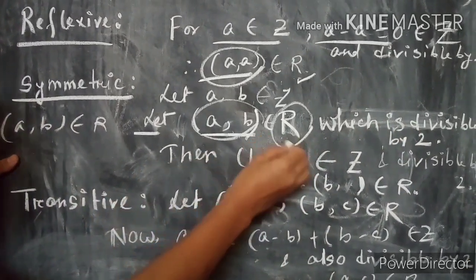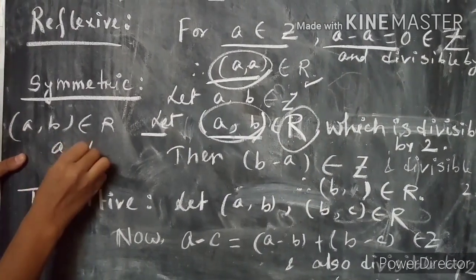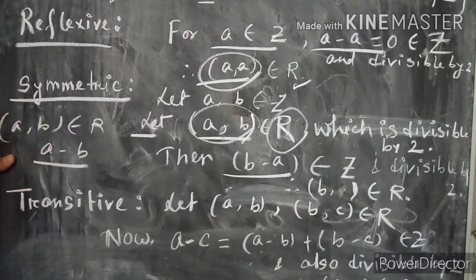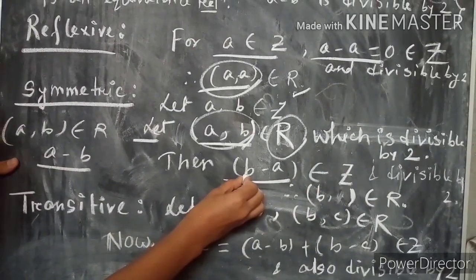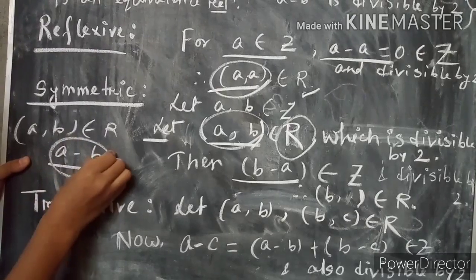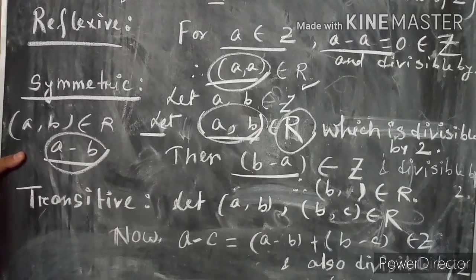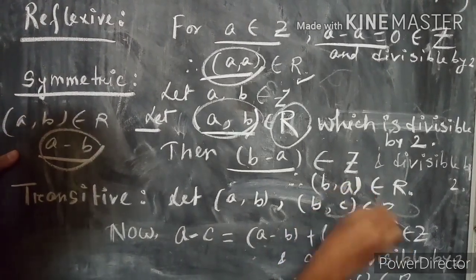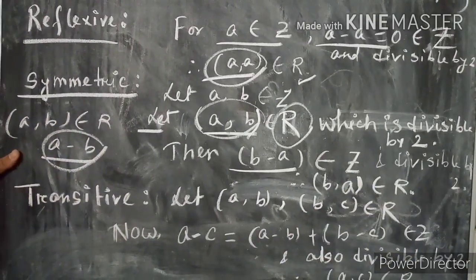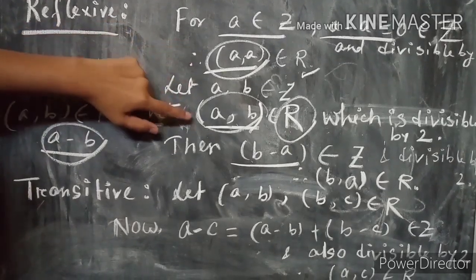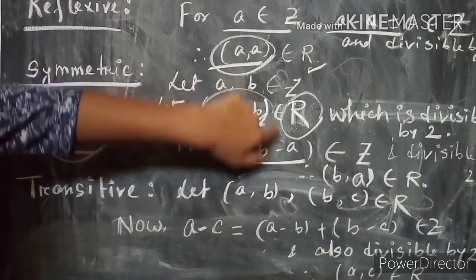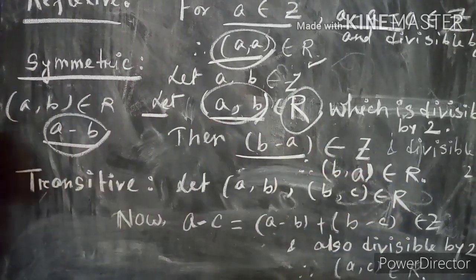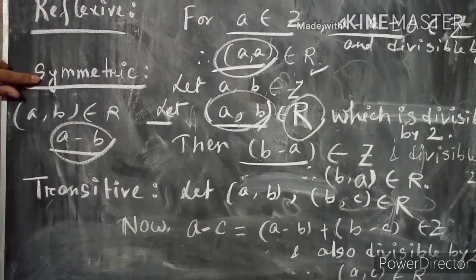Then if A minus B is divisible by 2, that means B minus A is also divisible by 2, because B minus A is nothing but the negative of A minus B. So B minus A belongs to Z and it is divisible by 2. Therefore the element (B, A) belongs to the relation R. So when an element (A, B) belongs to R, it implies that (B, A) also belongs to relation R. Therefore this relation is called symmetric.